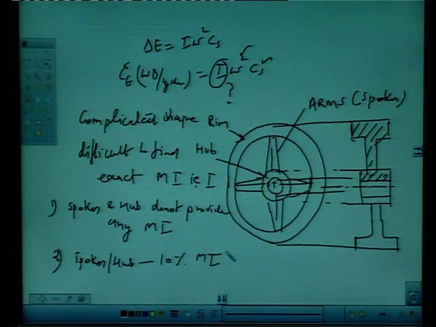So it means in the first case the rim provides 100% of the moment of inertia. In the second case, 90% is provided by the rim.